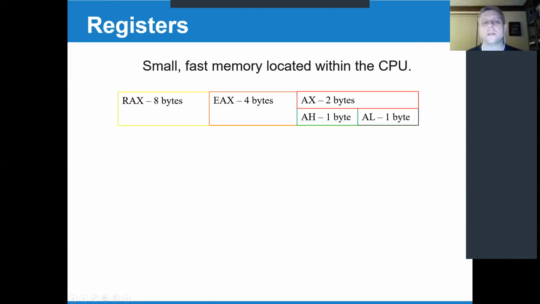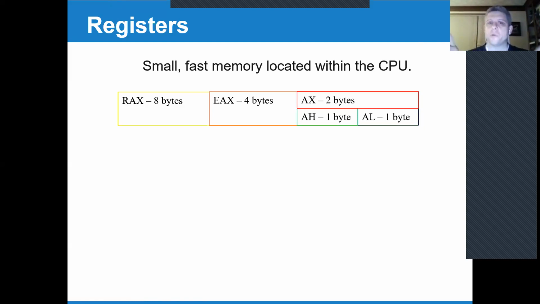So on a 64-bit CPU, you have a total of 64 bits or 8 bytes. And those are typically the register name prefaced by R. So in this case over here, we have RAX, which is the RAX register, and it's 8 bytes. Now you can also represent or address 4 of those bytes, the least significant 4 bytes of those, by calling it EAX.